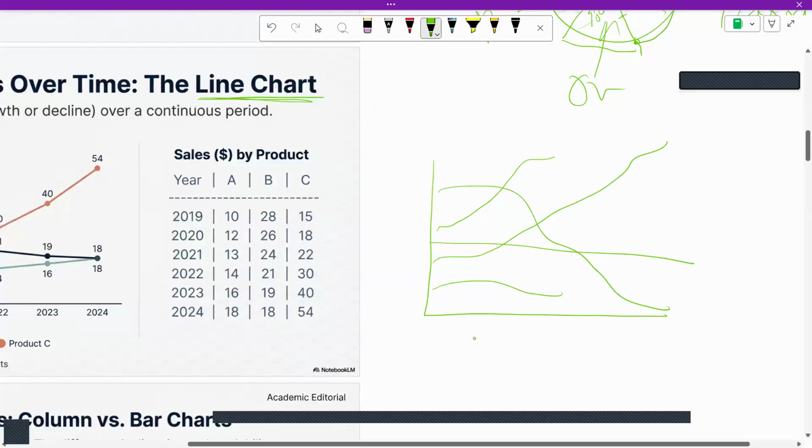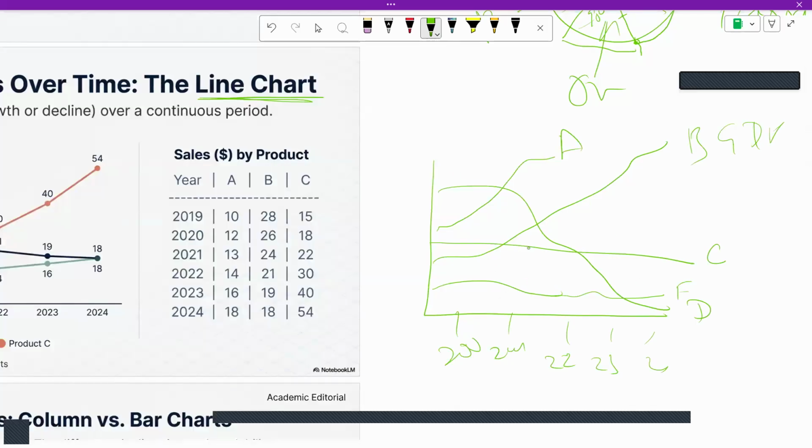Here you can find the years 2020, 2021, 22, 23, 24, and this is the GDP of country A, country B, country C, country D, country E. By looking at these lines, you can compare the trend of how each country's GDP behaves.